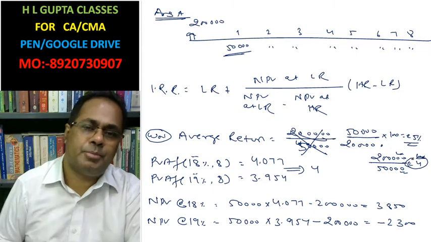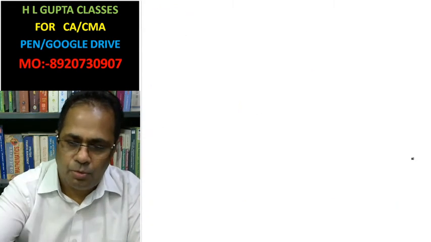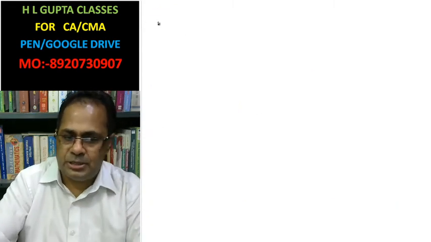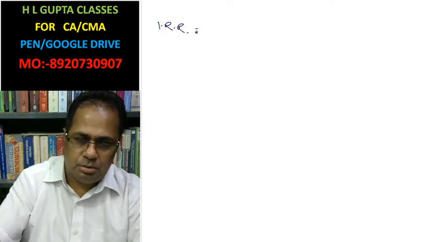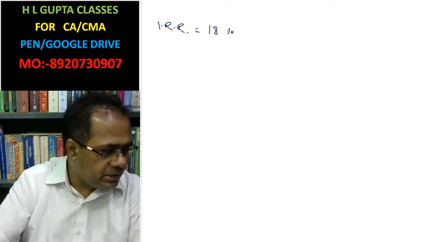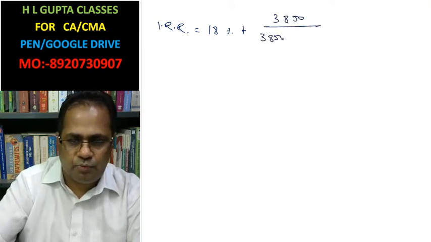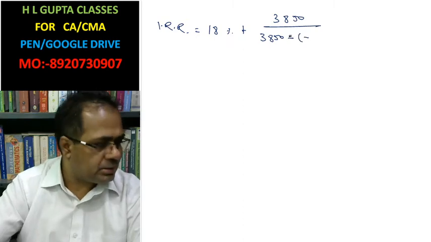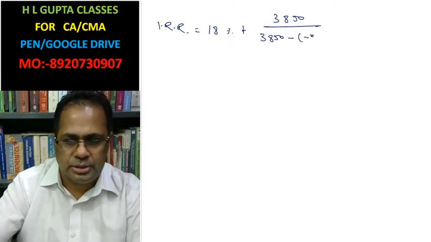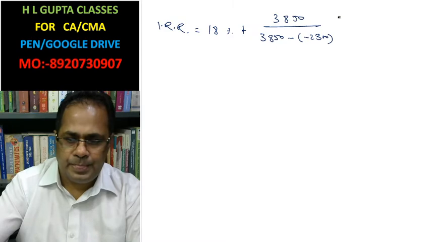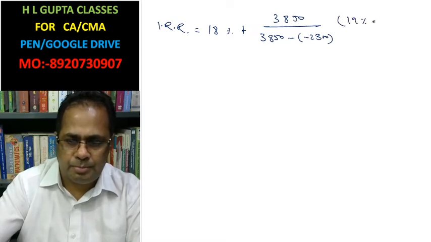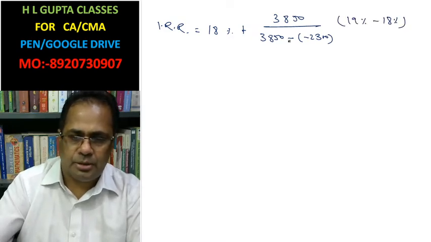Now IRR: lower rate 18% plus 3850 whole divided by 3850 minus minus 2300, into 19% minus 18%.